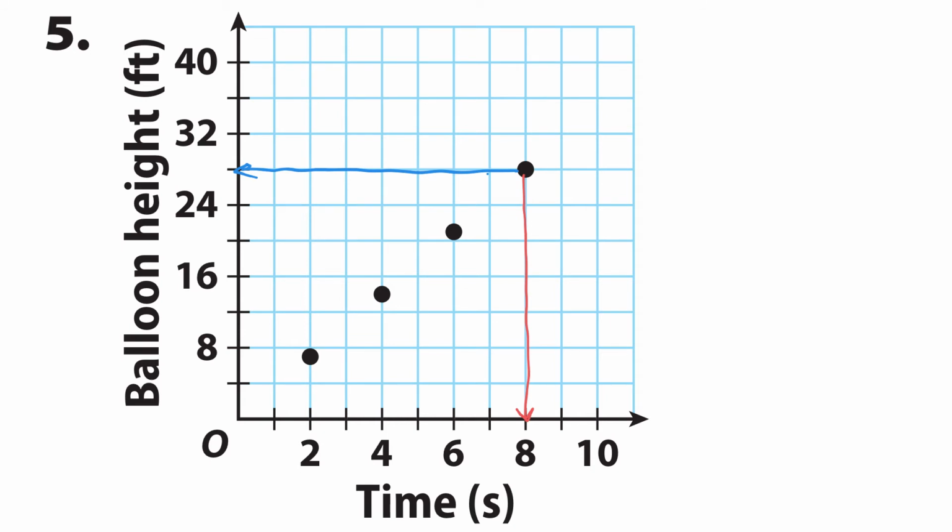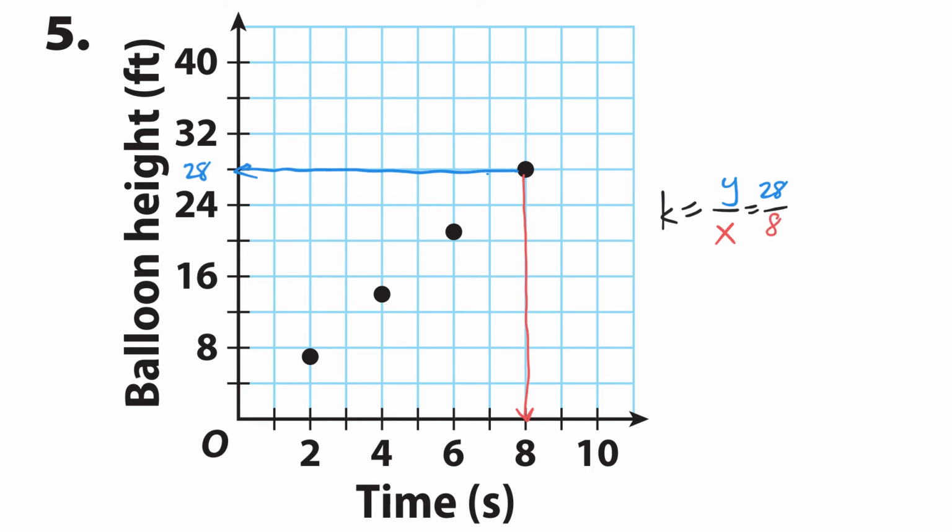So k is equal to the y value divided by the x value. Now the y value looks like it's going to be 28, I think. It's 4 in between each of them. So that's equal to 28 over the x value, which is 8.